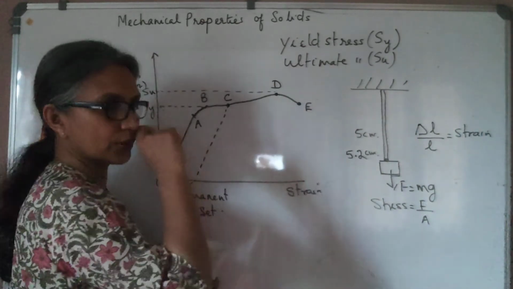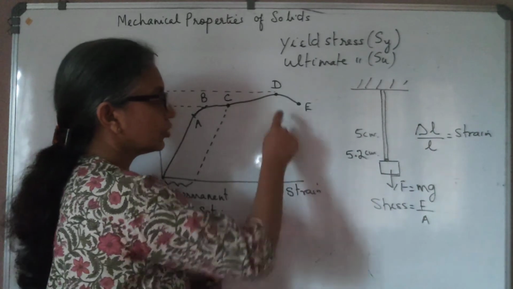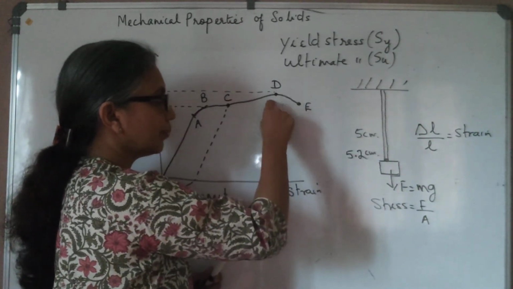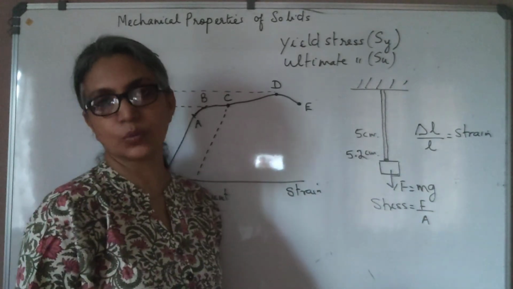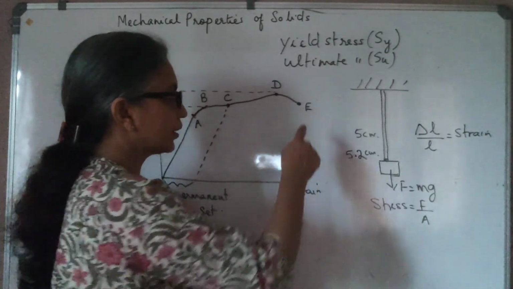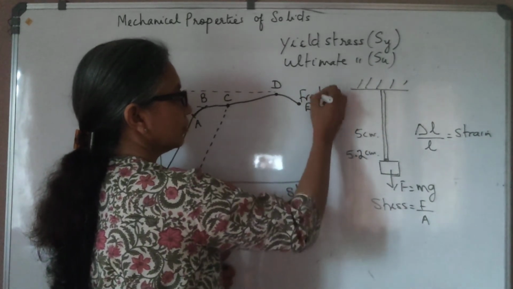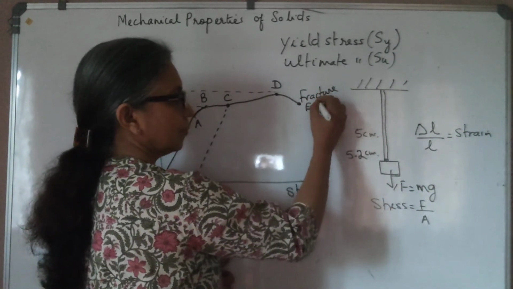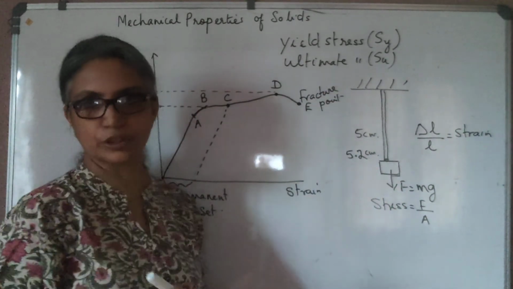You're removing the load, but the strain is still increasing. So this is the maximum limit beyond which, even if you remove the load, the length of the wire is going to increase. And at some point here, the wire will break. Point E is called the fracture point.